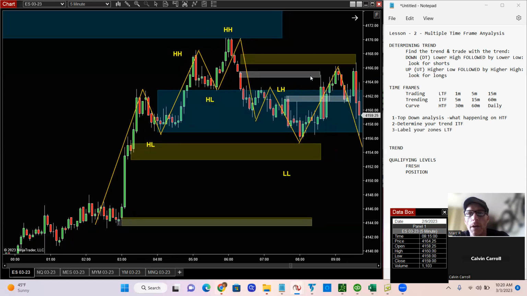Or maybe we came up, hit this 1 minute level, and then price put in a drop-base-drop right here after hitting this level. Then maybe price came up to here, came down, up, down, drop-base-drop, down again. If it came back to here, you could consider being short there.